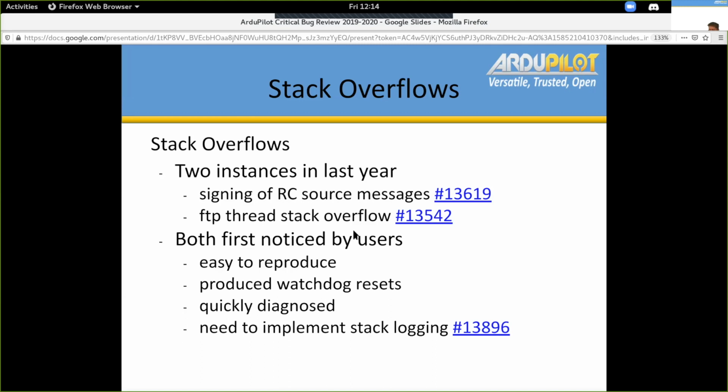And to a certain extent, unfortunately, we've let things slip a little bit, because one of the chief tools that we use to find this sort of thing, Coverity, actually failed halfway through the year, and we didn't take that seriously enough and get in and actually get it fixed.